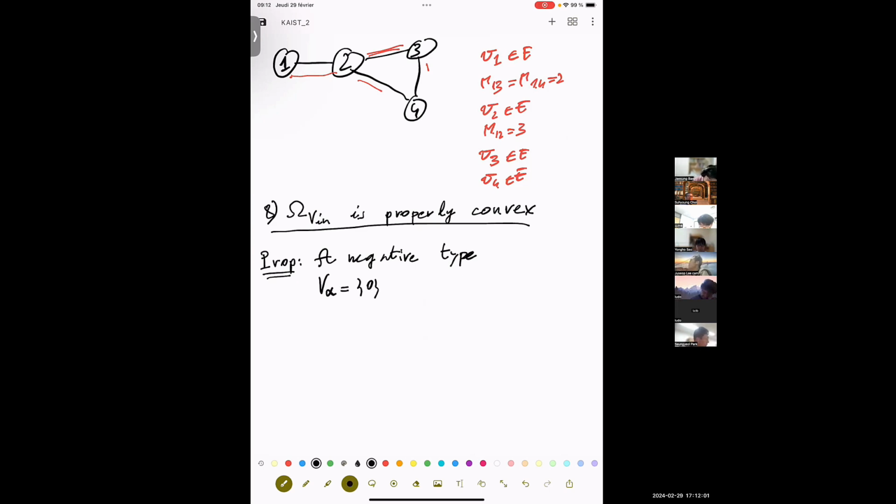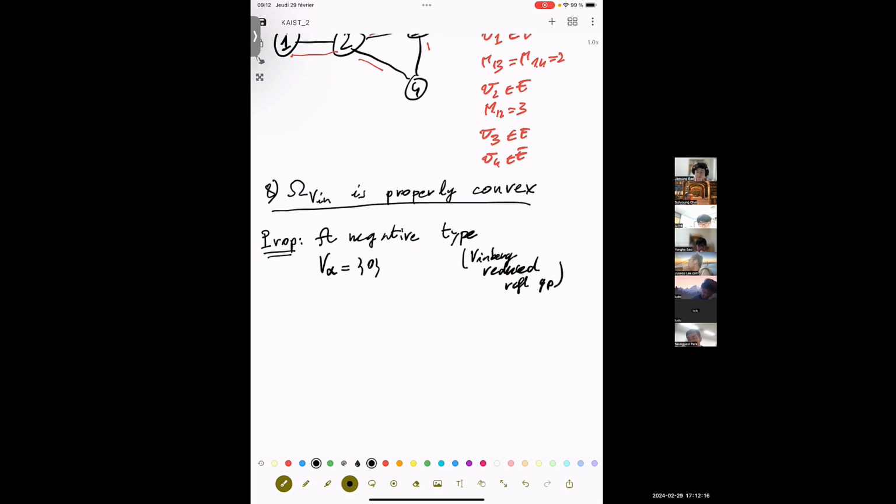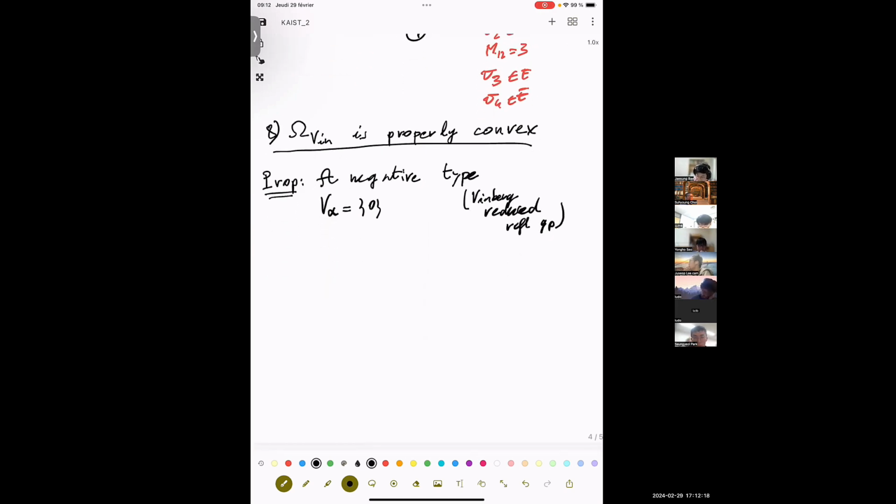So it's what Weinberg called a reduced reflection group in his paper. And in that case, omega Vin is properly convex.